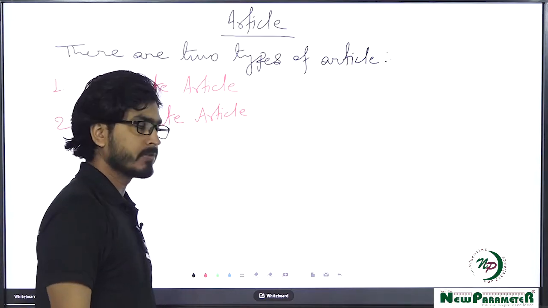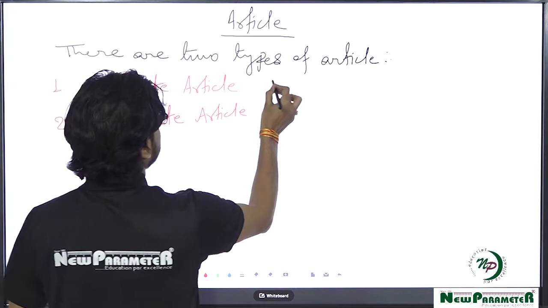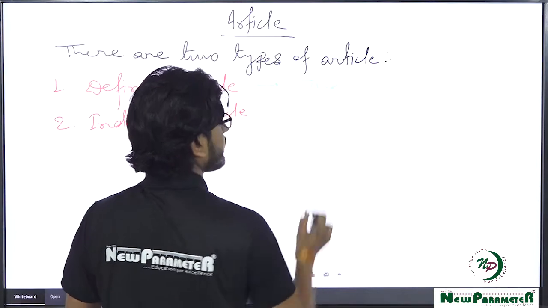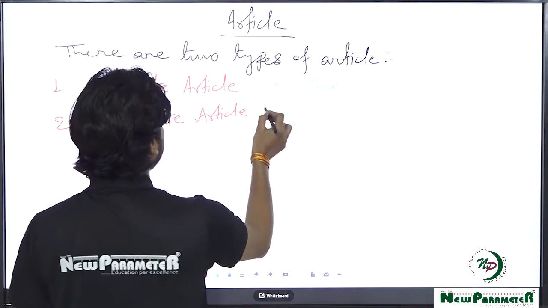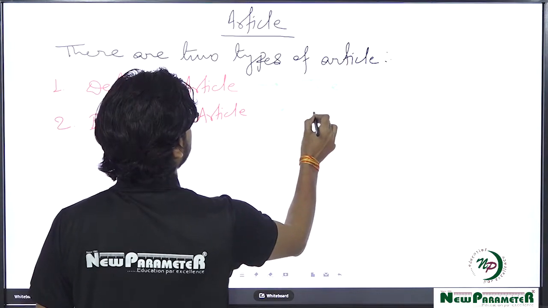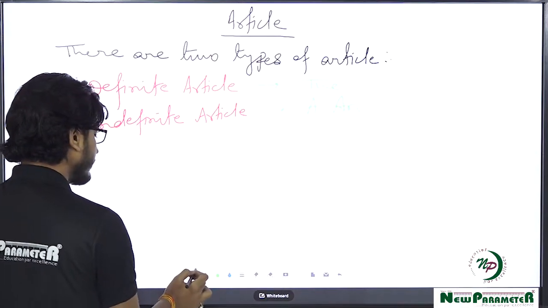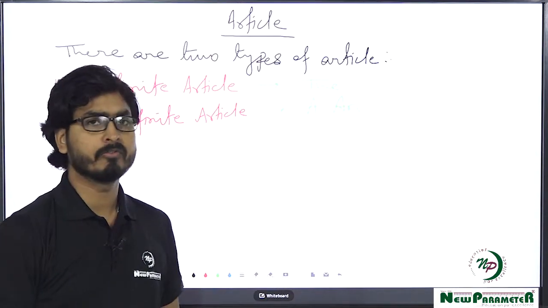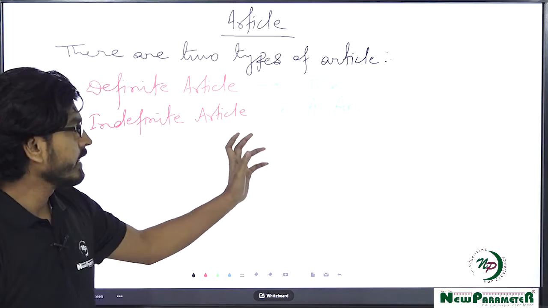Yes, these are two types of article. So in definite article we study the, that is the, and in indefinite article we study a, an. So now we have to study the use of firstly indefinite article a and an.